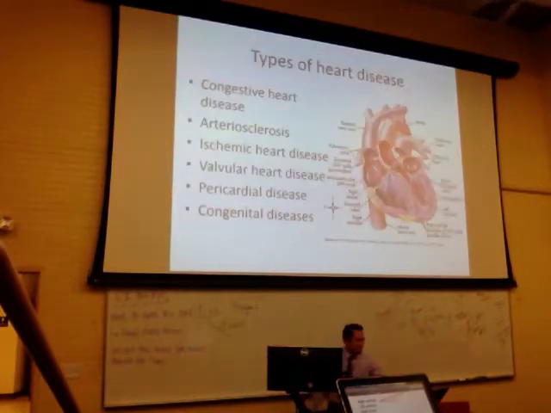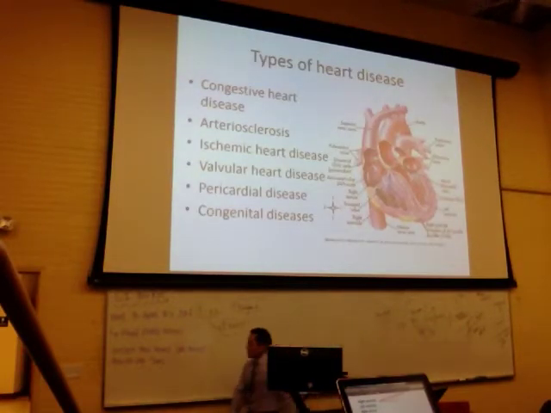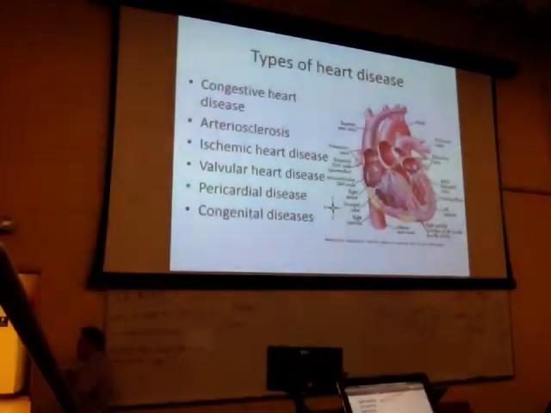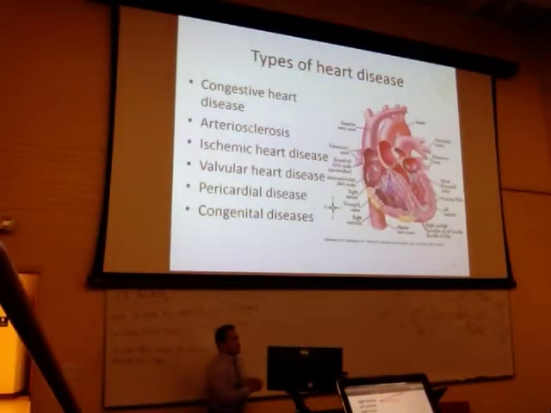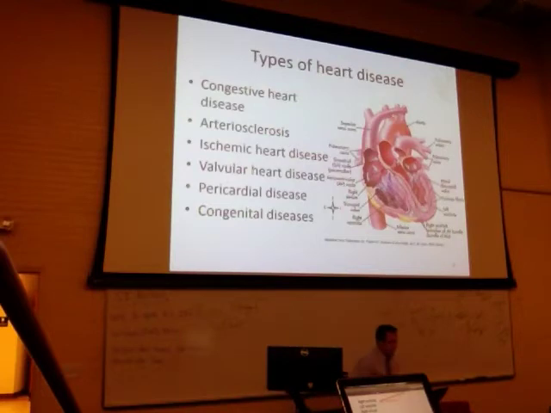Alright, so today we're going to look at 3 main types of diseases, but there's 4 or 5, how many are there? 1, 2, 3, 4, 5, 6. There's 6 listed on this slide. I could have crammed a few more on there, but the point was to give you some examples of different types of heart disease that account for about 40% of all the deaths in industrialized countries.